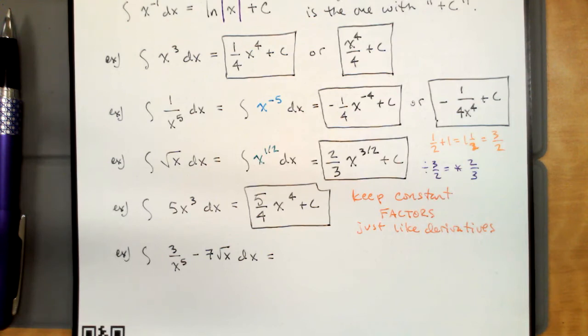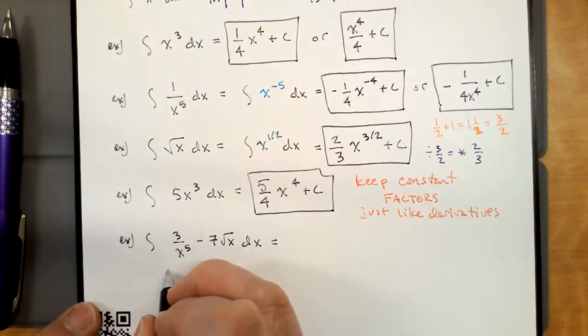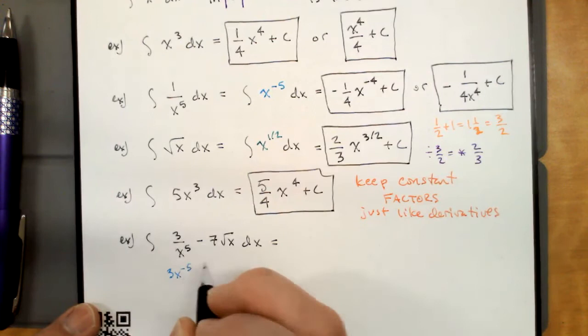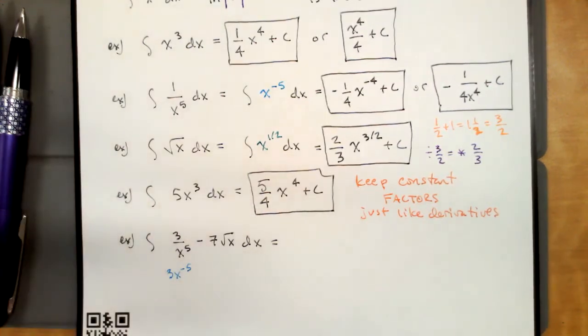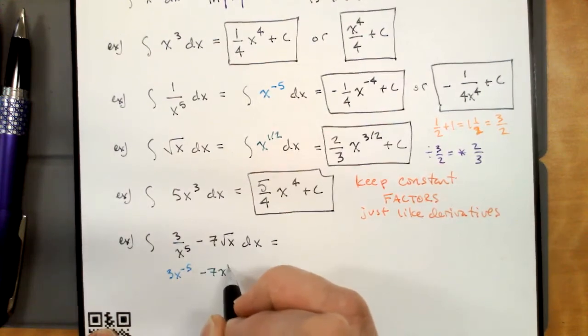Just like with derivatives, you take the derivative a term at a time. Same with integrals. We're going to read the 3 over x to the 5 as 3x to the negative 5, and the 7 square root of x as negative 7x to the 1/2 power.